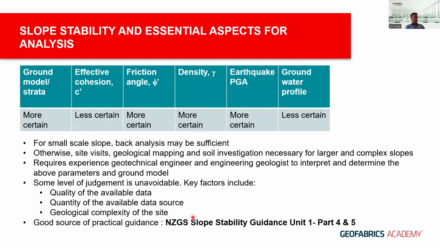And then these are the few parameters that are very important from a stability analysis point of view: the ground model or strata, effective cohesion for long-term stability analysis, friction angle, density of soil, earthquake peak ground accelerations, and groundwater profile.